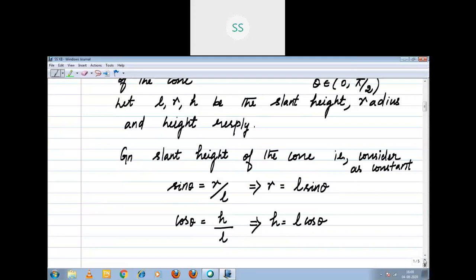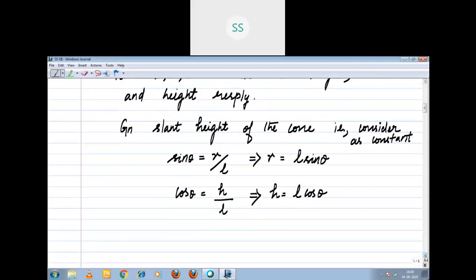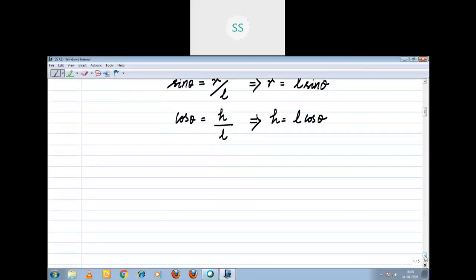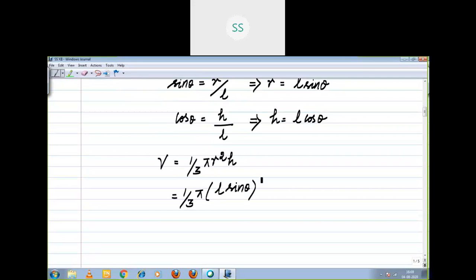Now, what is the volume of a cone formula? Anyone? Yeah, very good. Volume equal to 1 by 3 pi r square h, which is equal to 1 by 3 pi. What is r? l sin theta, the whole square.